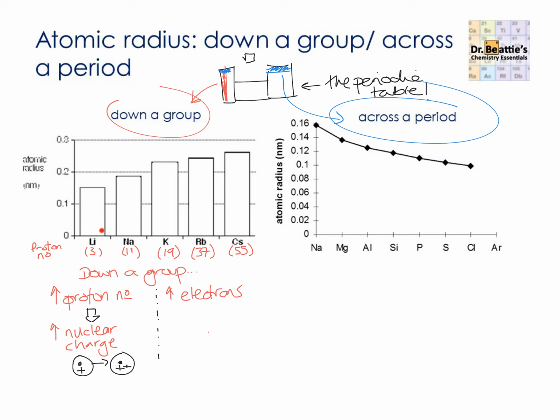You'll remember that from GCSE and the very beginning of A-level, because lithium, for example, has a proton number or atomic number of 3, and that tells you both the number of protons and the number of electrons in a neutral element. So lithium has 3 protons and therefore 3 electrons, sodium has 11 electrons, potassium 19, rubidium 37, and cesium 55.